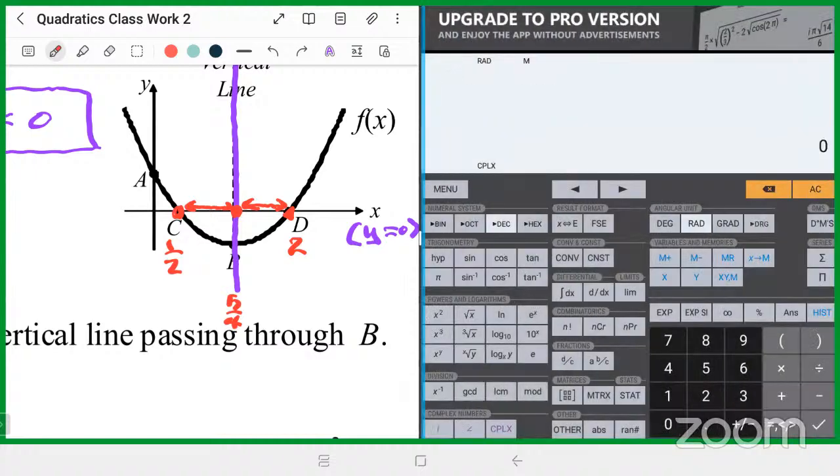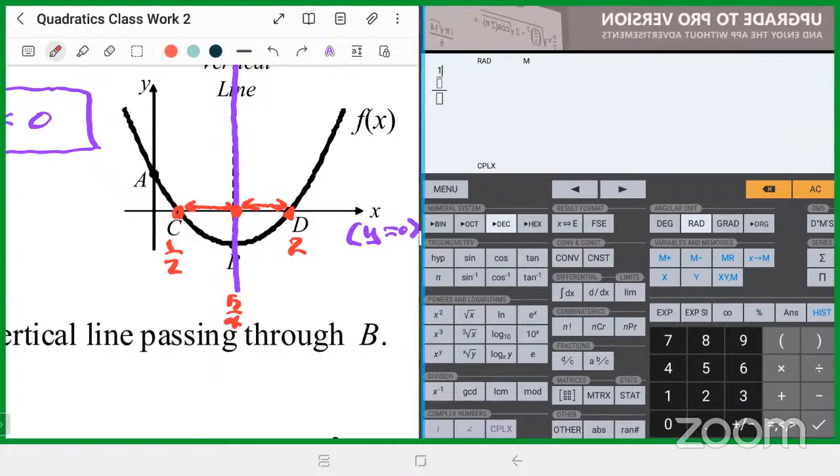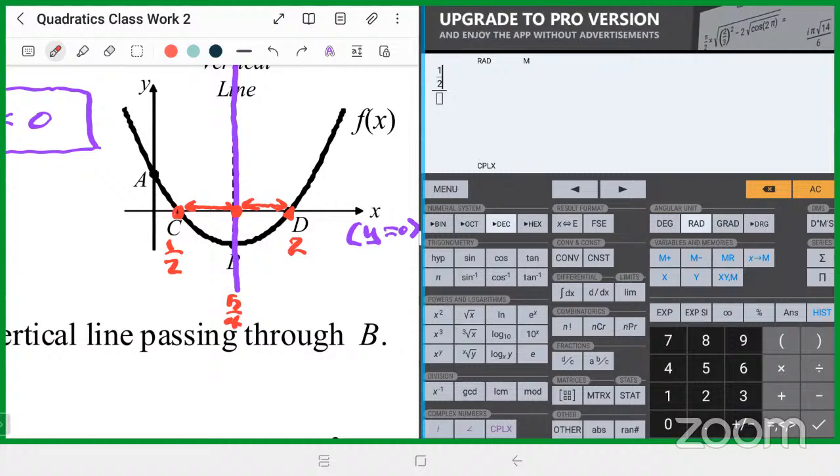So if I do an average, I do a fraction first, which is a half plus 2. That's the sum of the two roots, half and 2. But I'm averaging it, so I have to divide that now by 2. So that becomes 1.25 as a decimal.